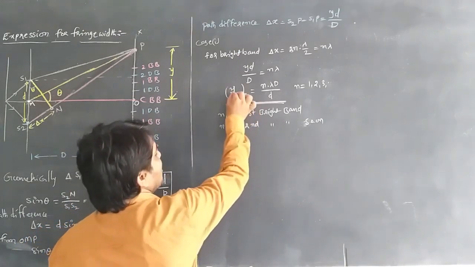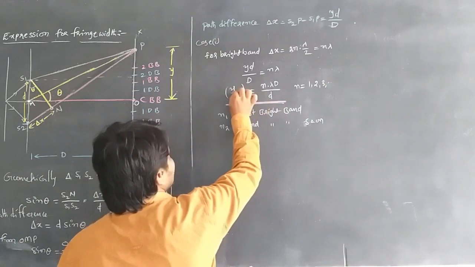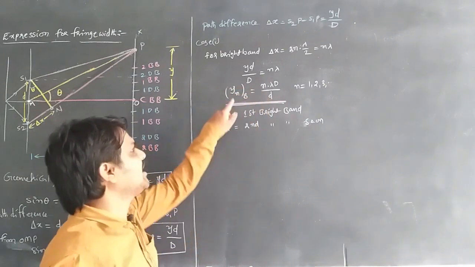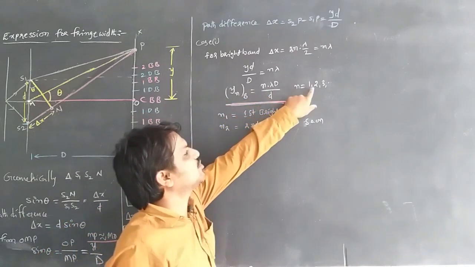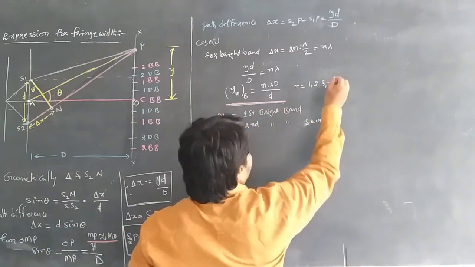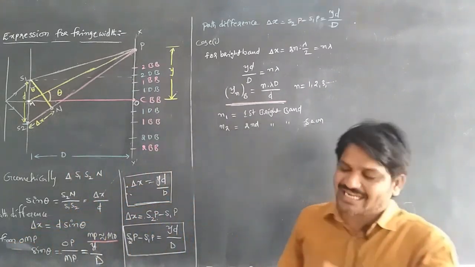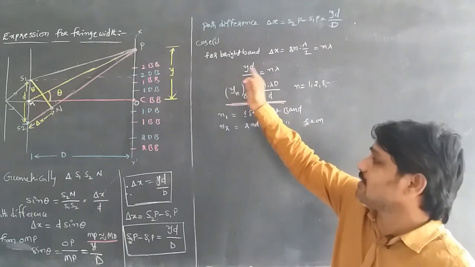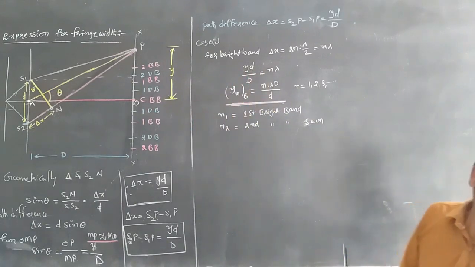Here y nth is the distance of the nth bright band, y n of b is equal to n into lambda D by d, where n is equal to 1, 2, 3 and so on. By using this formula we can find out the distance of the bright bands from the center of the screen.